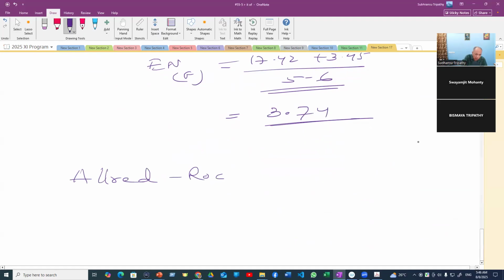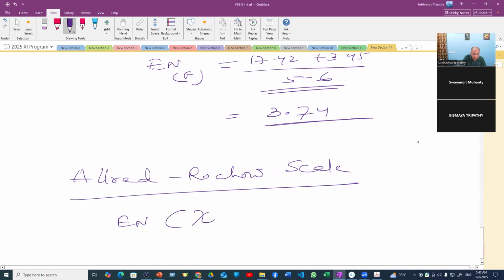Allred and Rochow scale is very dependable. So here electronegativity is equal to a constant factor 0.744 plus a constant factor 0.359 into effective nuclear charge Z star.